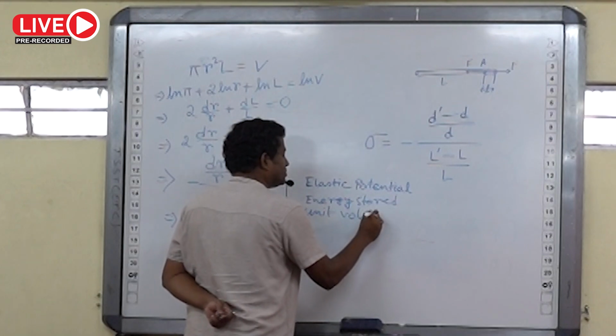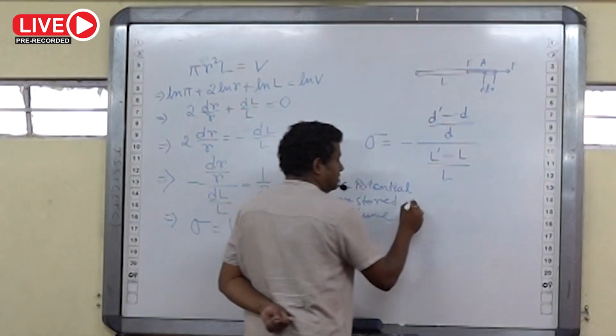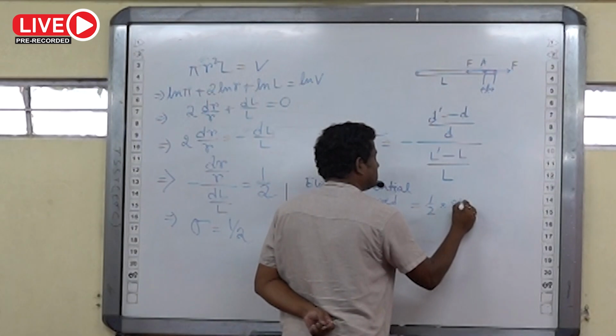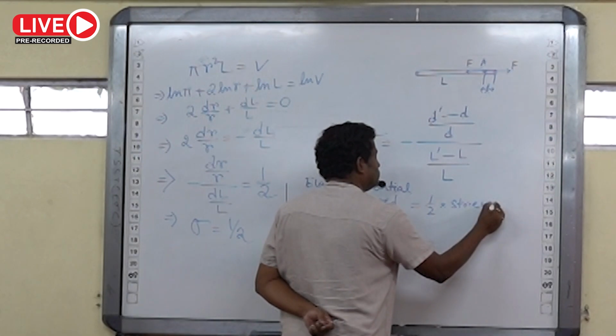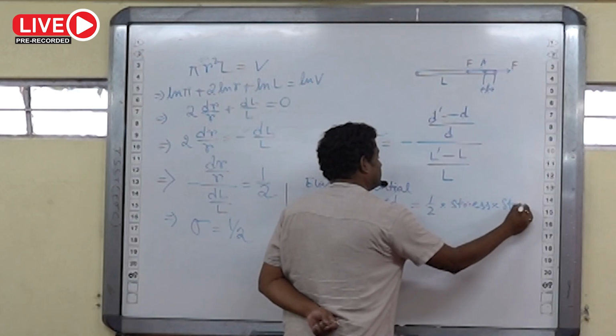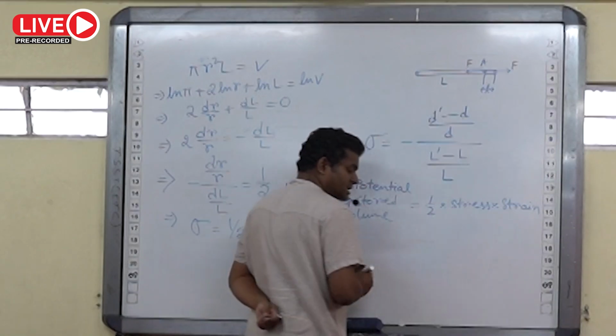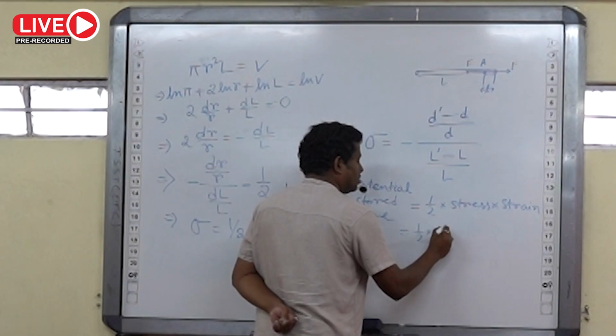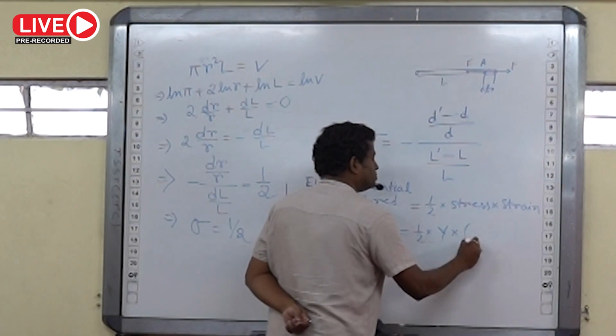The derivation is already in the book, that is half into stress into strain, or you can also write it in this format, half into Young's modulus into strain square.